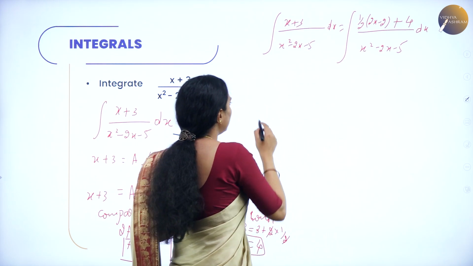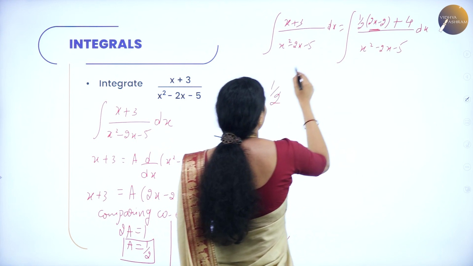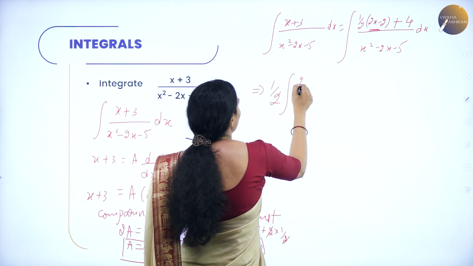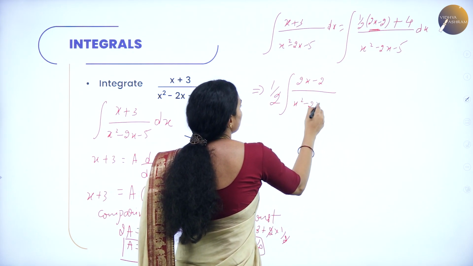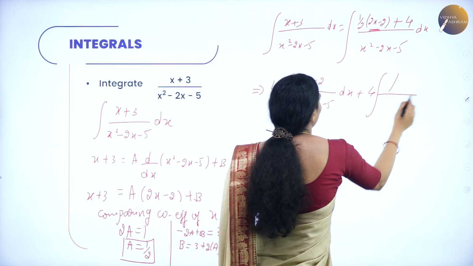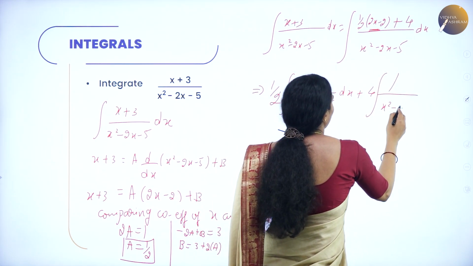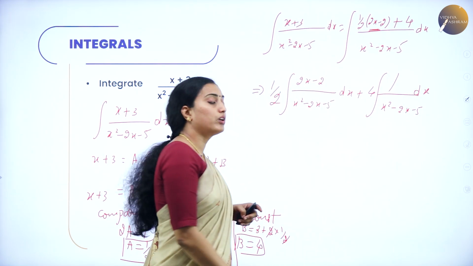Now segregating this integral, which implies half, first I am segregating this along with this, into 2x minus 2 divided by x squared minus 2x minus 5 dx plus 4 into integral of 1 over x squared minus 2x minus 5 dx. I hope you got this one.